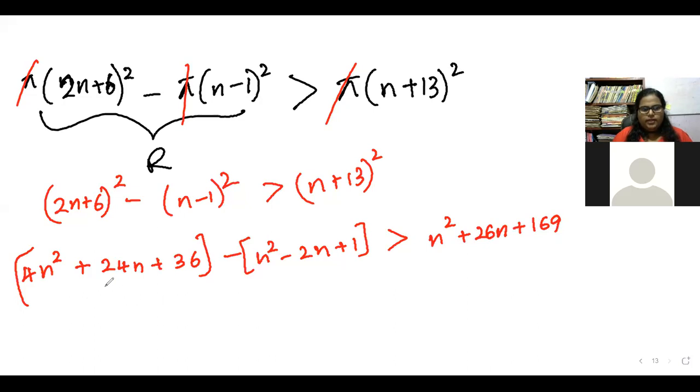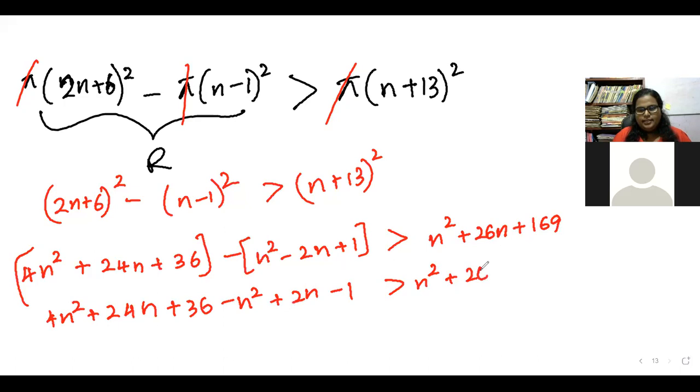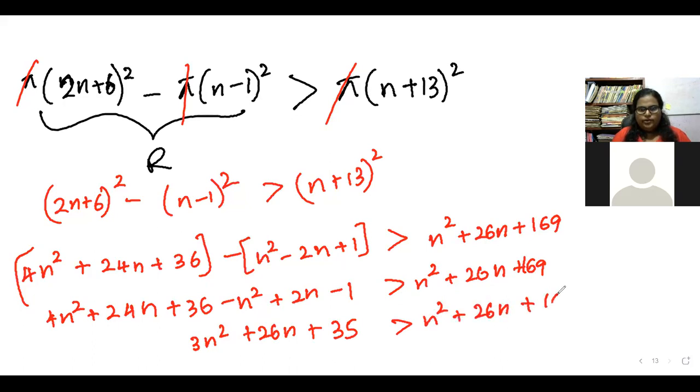And when you are simplifying this one, 4n square plus 24n plus 36 minus n square plus 2n minus 1 greater than n square plus 26n plus 169. And when you are simplifying this one, 3n square and 26n and 35, right? So it is greater than n square plus 26n plus 169.